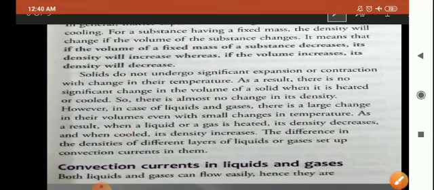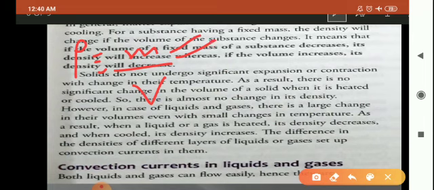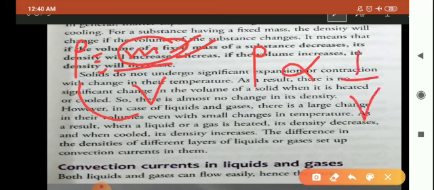I can write it clearly here. You know the formula, density rho is equal to mass upon volume. And suppose mass is fixed, mass is not changing, so can we relate density and volume? Yes. Here density is inversely proportional to volume. Inverse relation is there.